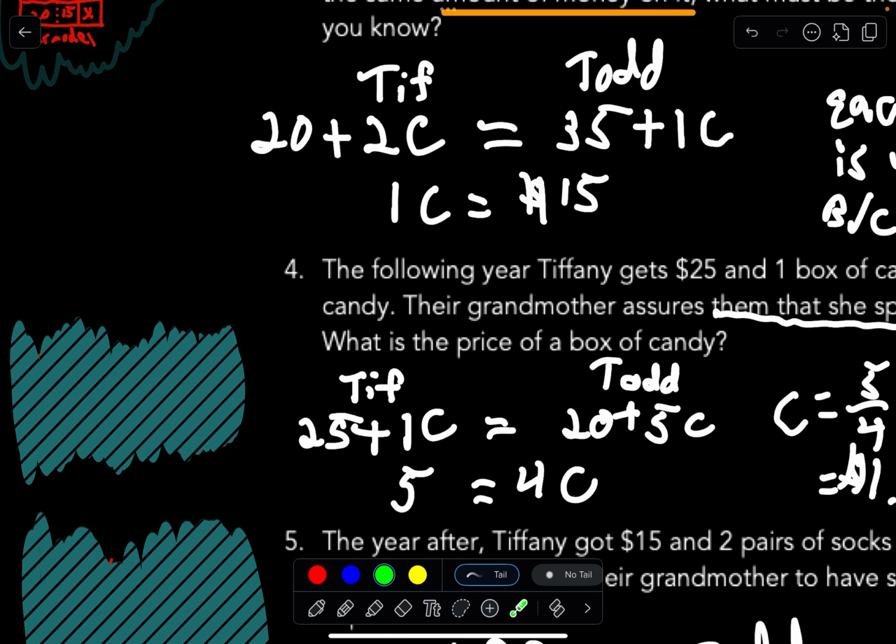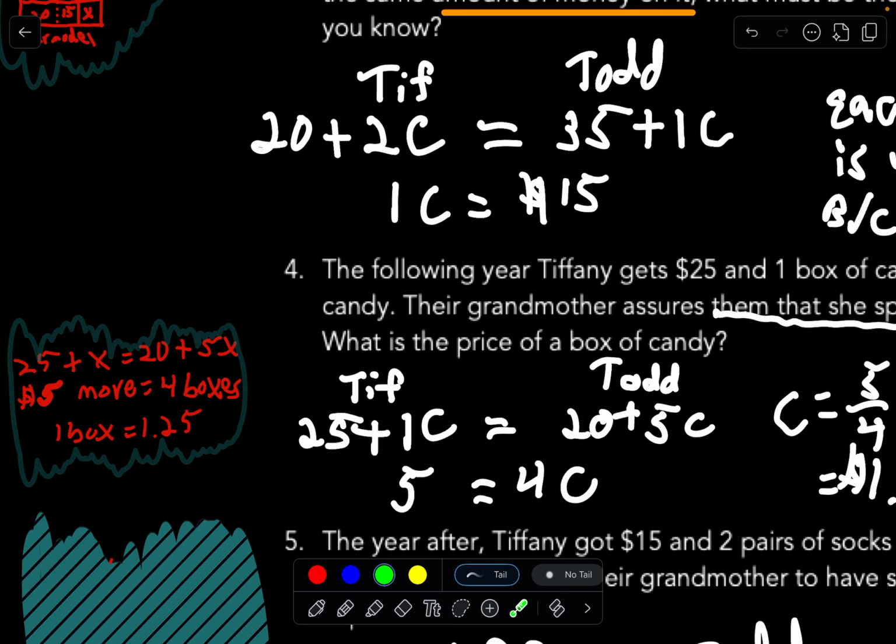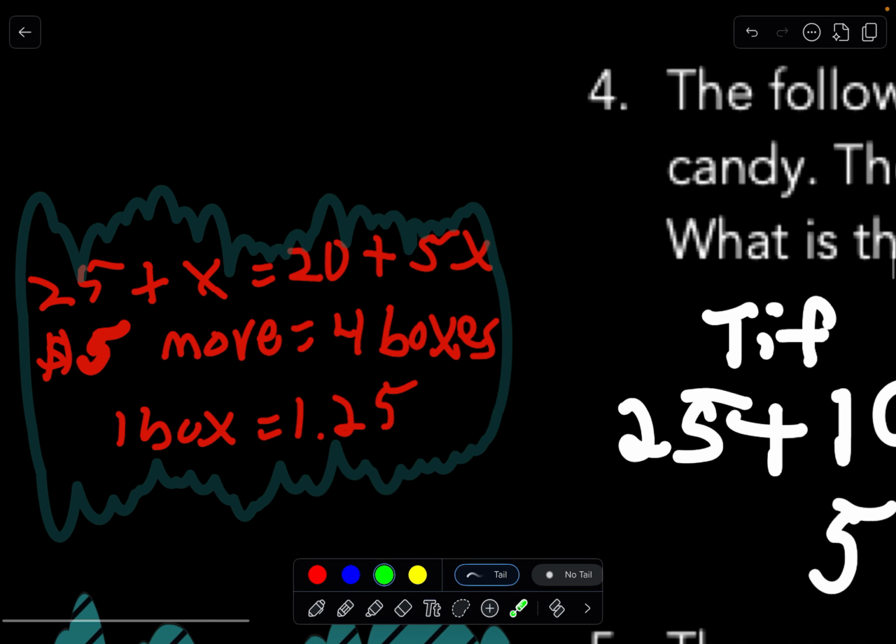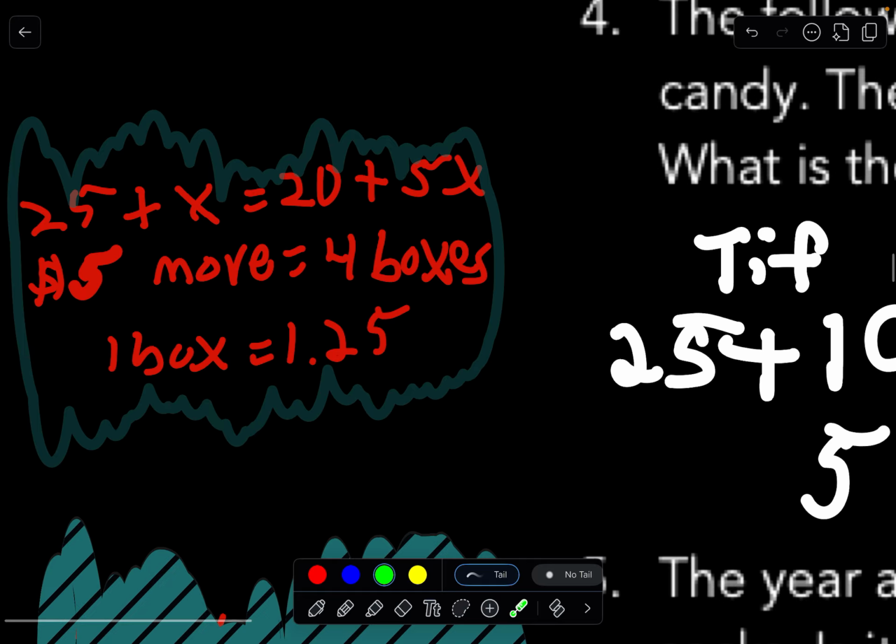All right, the next one is just the equation, right? 25 plus x equals 20 plus 5x. And there's $5 more on the left, but 4 boxes more on the right. So if 4 boxes equals 5, 1 box must be 5 divided by 4, which is 1.25.